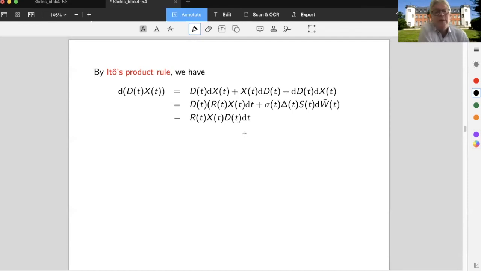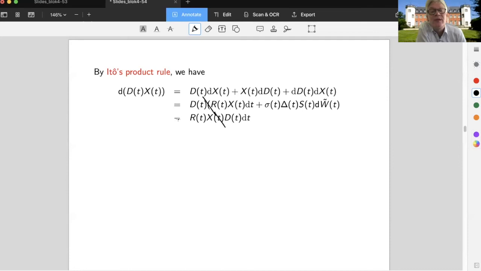And this is what we often like in these discounted processes. This term cancels out with this term. So the dt term disappears. And that is often nice because then we are close to the martingale. And that is what we would like to achieve, right? So here we have the discount factor times the interest rate times the portfolio value times dt.